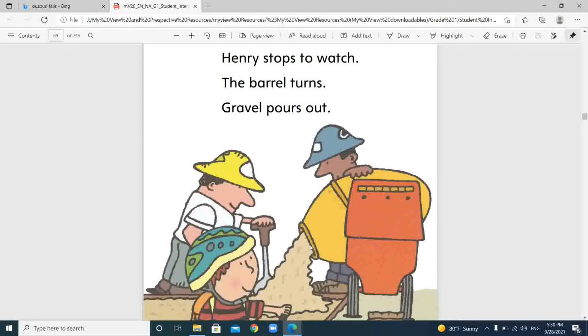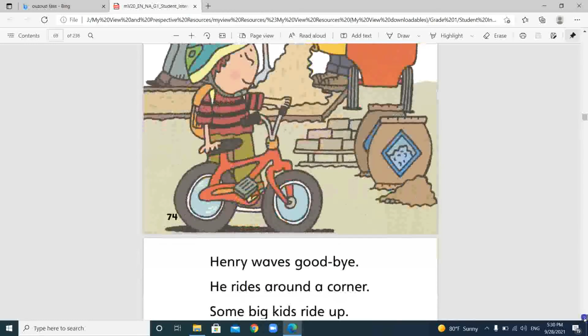Pour means to come out of it. Like for example, if I say pour a cup of water, that means to take the water and put it in a cup. So now what's in the yellow barrel, he's pouring it or putting it on the ground. Maybe they're fixing or making the sidewalk on the street.